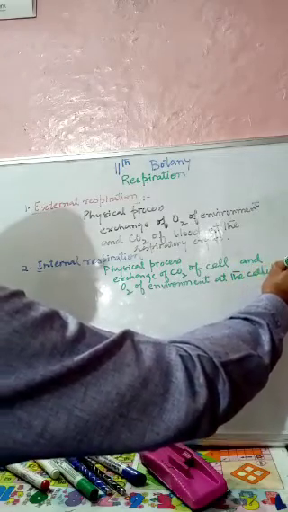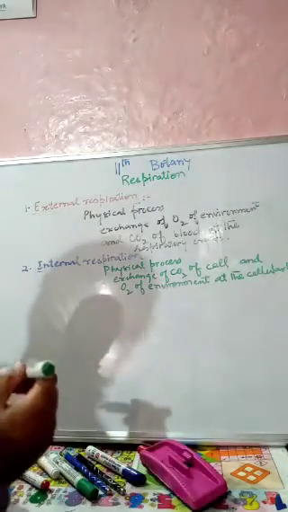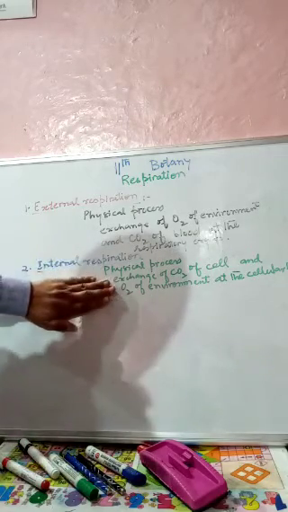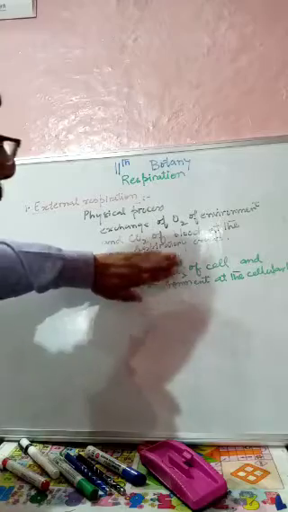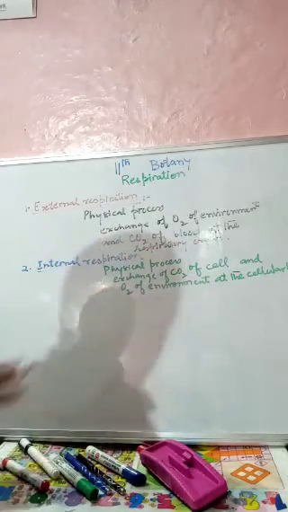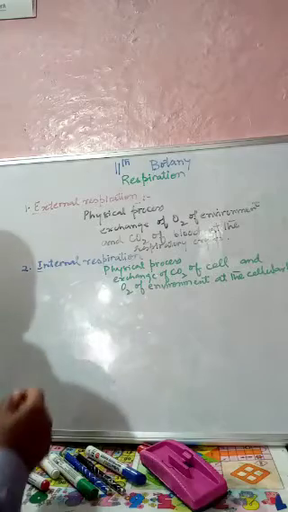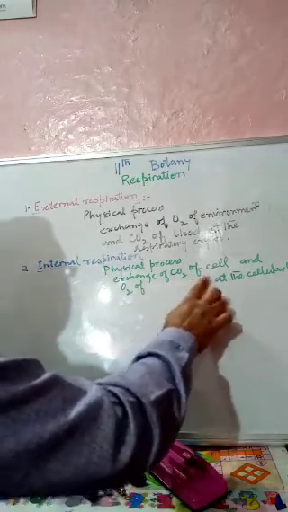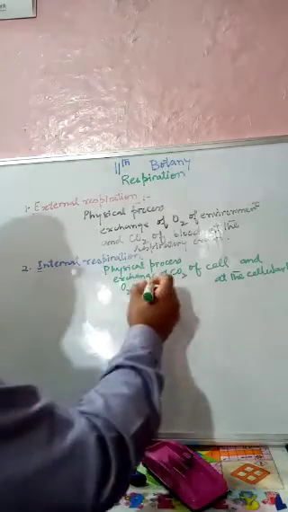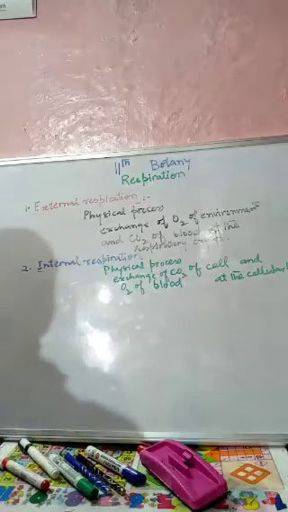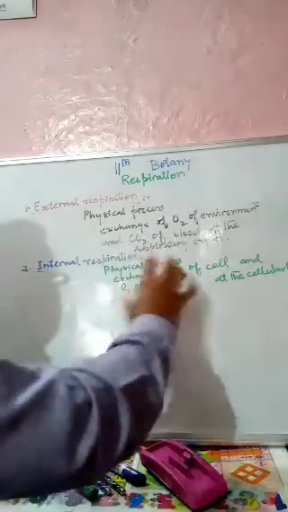So in internal respiration, this is again a physical process where we simply see the exchange of carbon dioxide of the cell and oxygen of the blood at the cellular level.